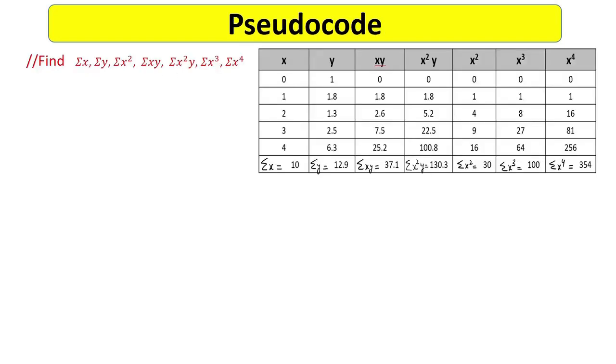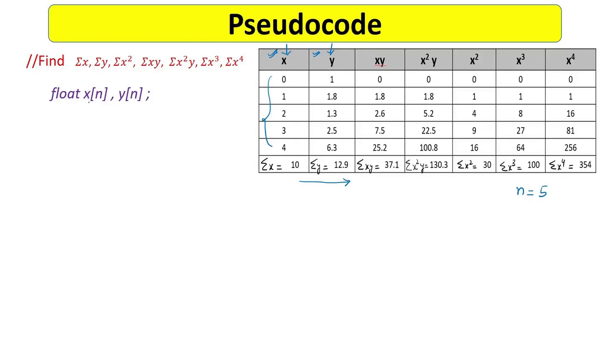Let's assume we have the values of x and the values of y from the user, and we have the value of n. Let's say in this question n will be 5, the total number of observations. Now after that, what is the next task? The next task is we have to find the various summation values, right? Now the question is, where will I store these values of x and y? That is, what data structure will I use to store these values?